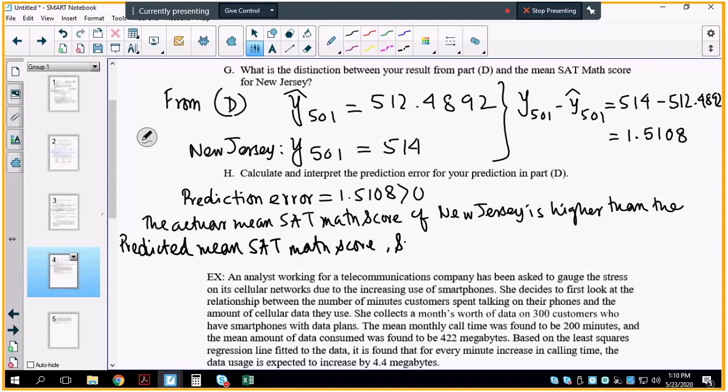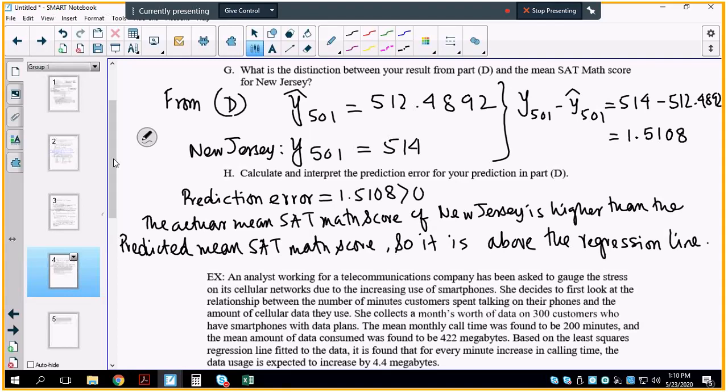So it is above the regression line. So the actual score is above the prediction line, the line of best fit, or the regression line. That would answer my question. We're going to come back to this example one more time in our next section when we're going to talk about coefficient of determination.